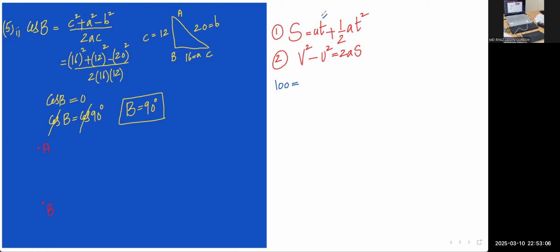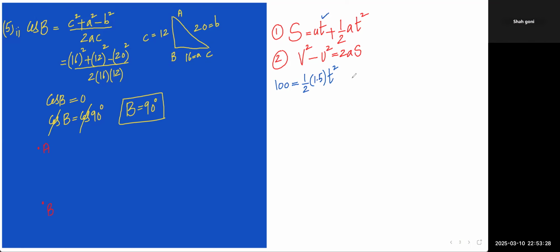What remains is half, as it is, times the acceleration of the first car A, how much? 1.5. We have to write it here, into t square. Correct? It is all about car A.